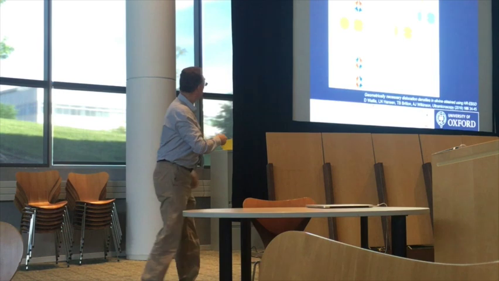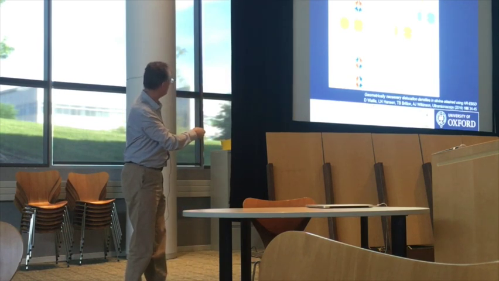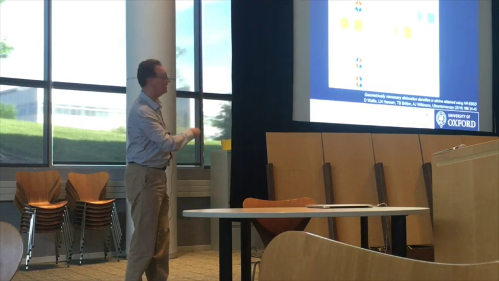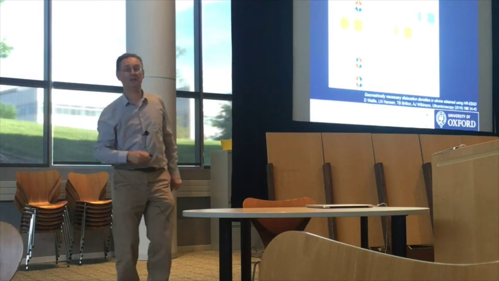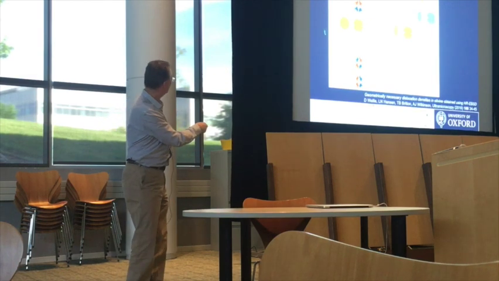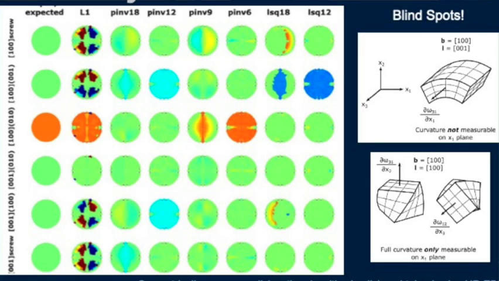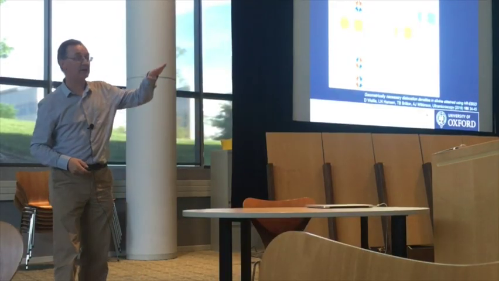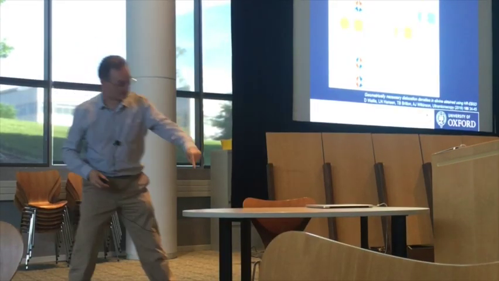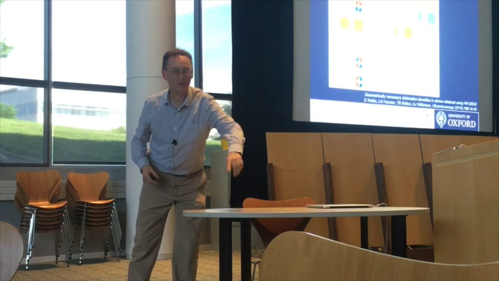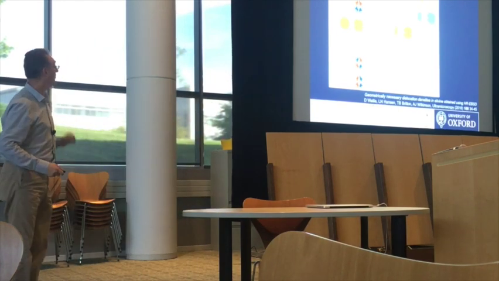Here's an expectation, so I'm going to populate that one, and these ones are at 0. Green is 0, red is a high value. If I say that I've just got that dislocation type in there, and then I try and recover from the measured lattice rotations, so I can work out what lattice rotations I get from this in a perfect crystal, then I constrain things so that I can only measure along the directions in my surface plane.